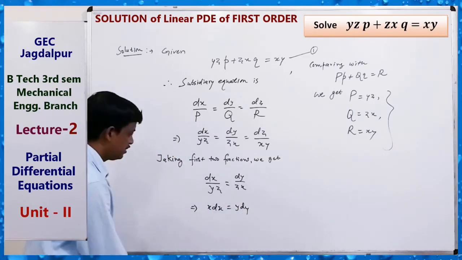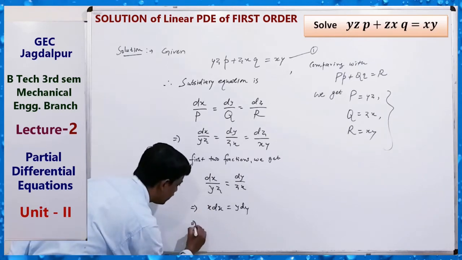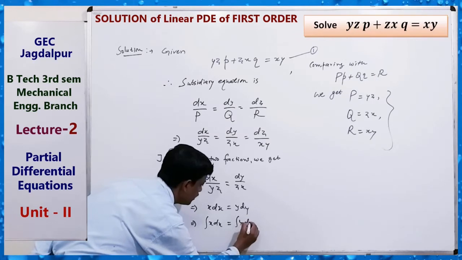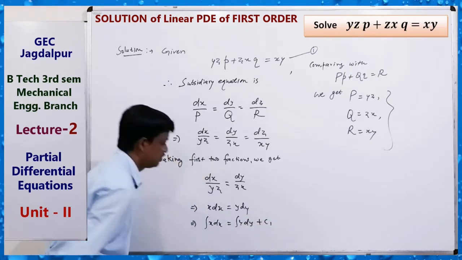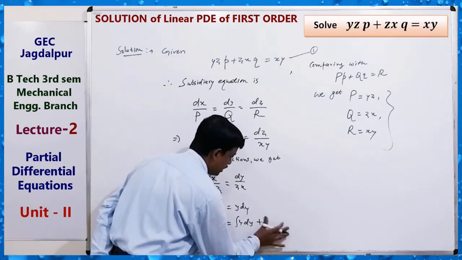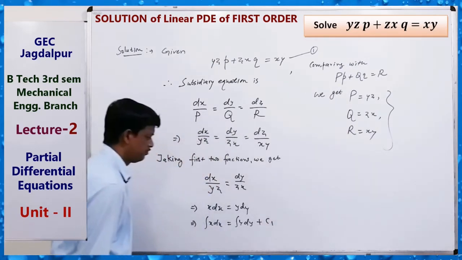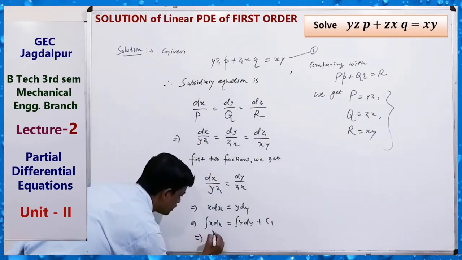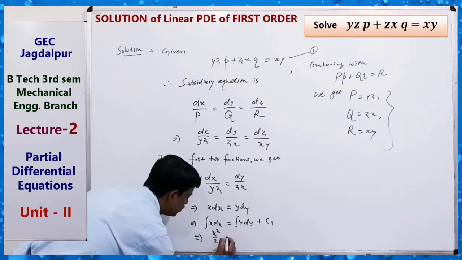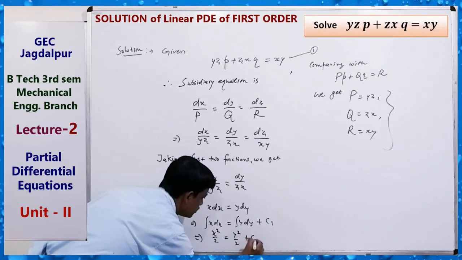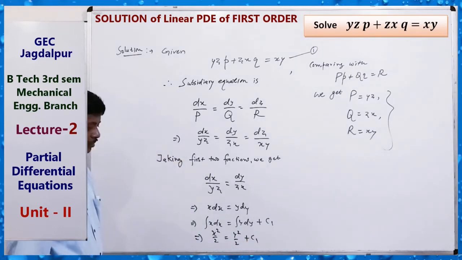Now we can solve this differential equation. Integrating both sides, we get the integral of x dx equals the integral of y dy plus some constant c1. So x square by 2 equals y square by 2 plus c1.